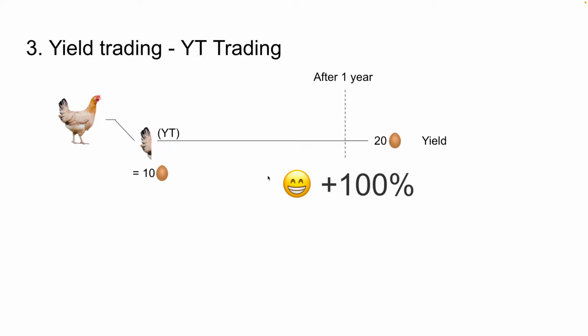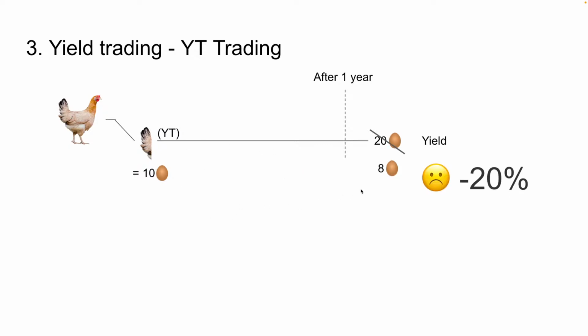Yeah, that's a pretty good return. However, it could be the case that you buy the chicken's butt for 10x, expecting it to produce at least 10x in the 1 year, but it turns out it only produced 8x in the 1 year. And that means you have lost 20% of your capital. So yeah, higher risk, higher return.